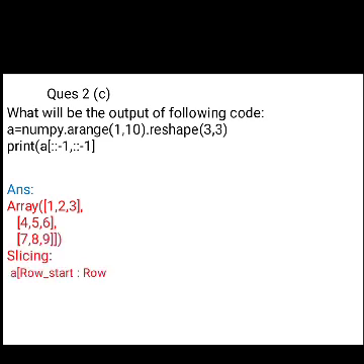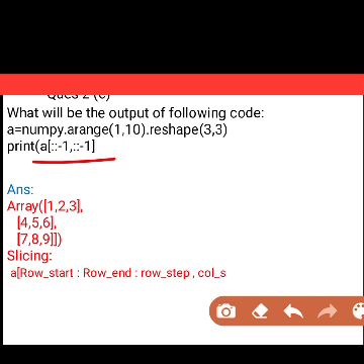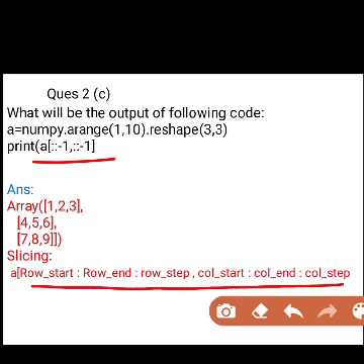Now slicing, how does it work? It works in this way: row starting to row ending in steps of row, and column starting to column ending in steps of column. Now consider the row label, it has not given anything, so it will start from 0. It has not given any ending, so it will go up to last.